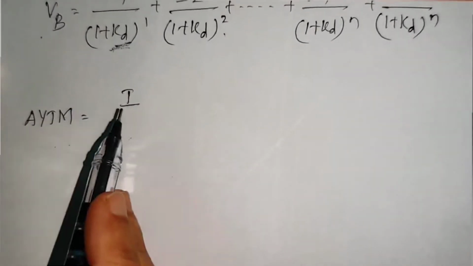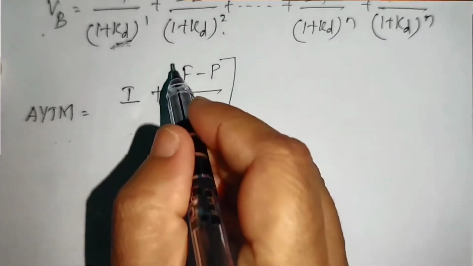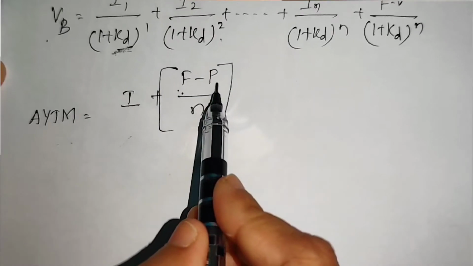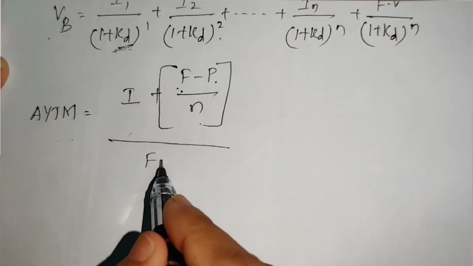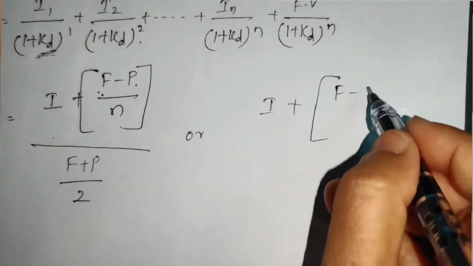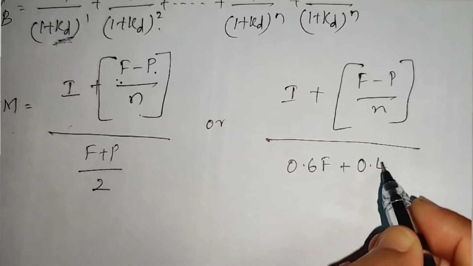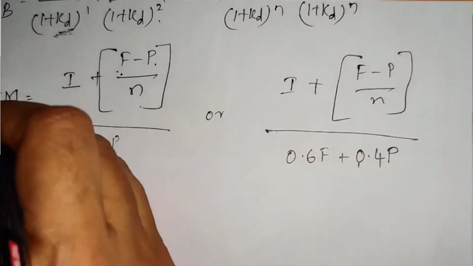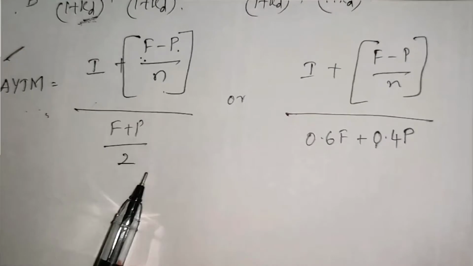YTM is equal to I plus (F minus P) by N, by (0.6 F plus 0.4 P). F is the redemption value, the price at which you are going to sell your security or bond. P is the price you have purchased at. N indicates the number of years to maturity. Alternatively, it can be I plus (F minus P) by N, by (F plus P) by 2. Both ways we can calculate the approximation YTM, but mostly we will use the averaging method: I plus (F minus P) by N, by (F plus P) by 2.